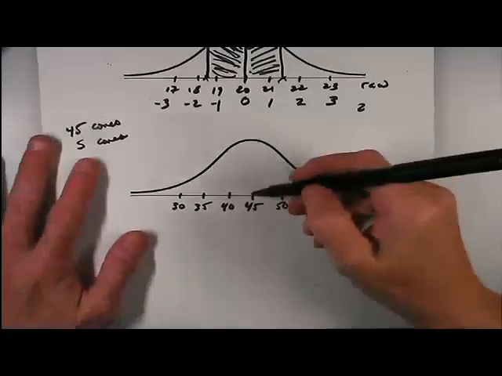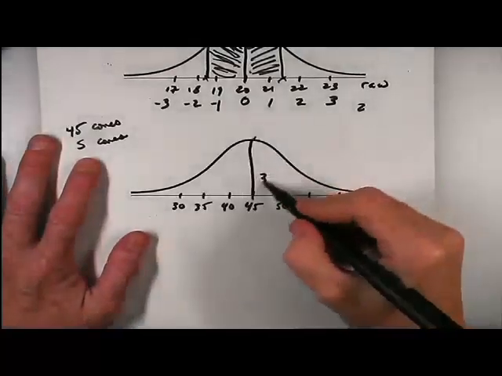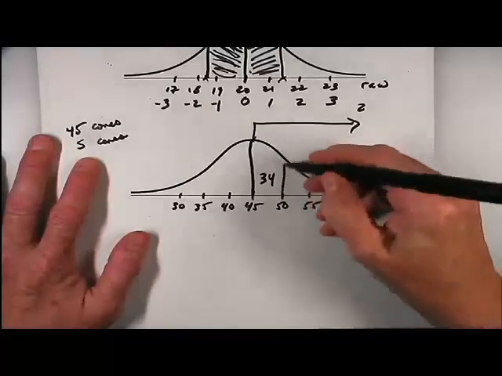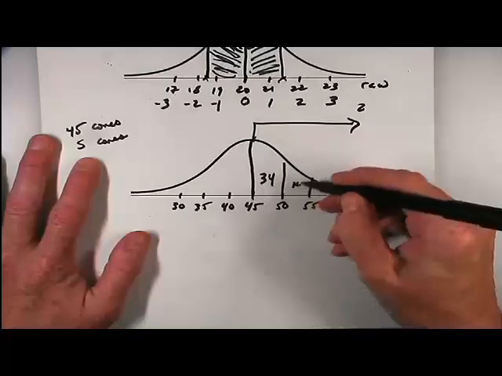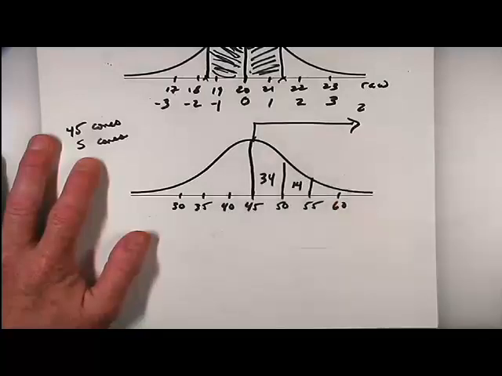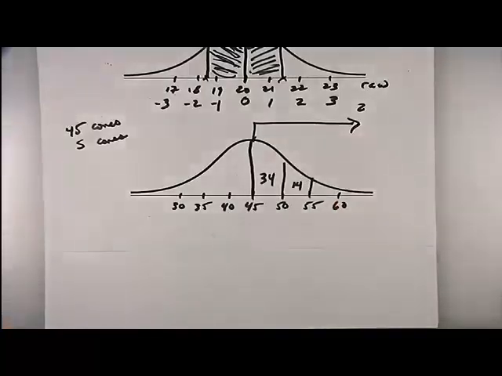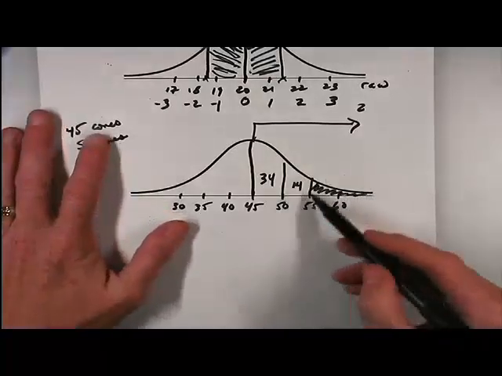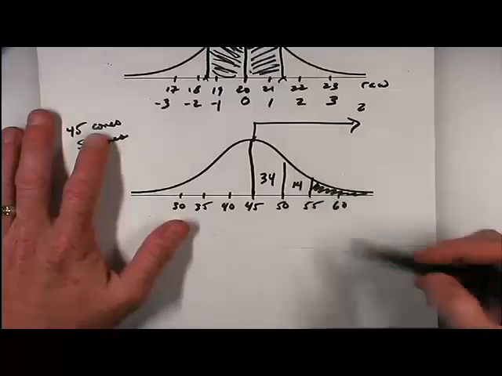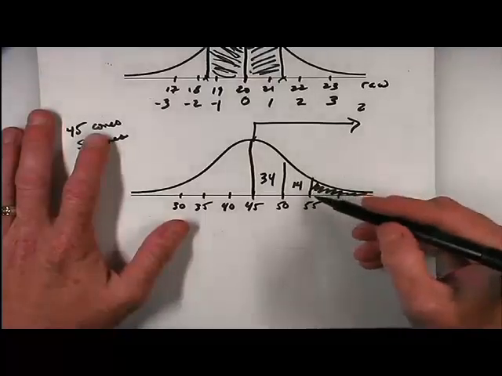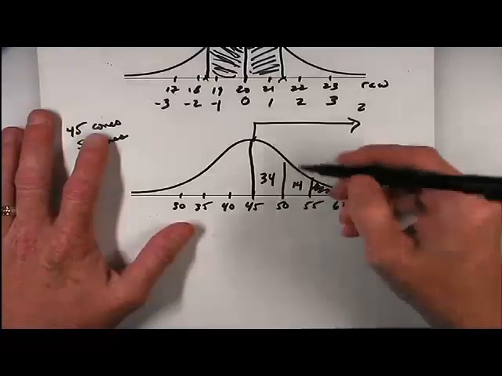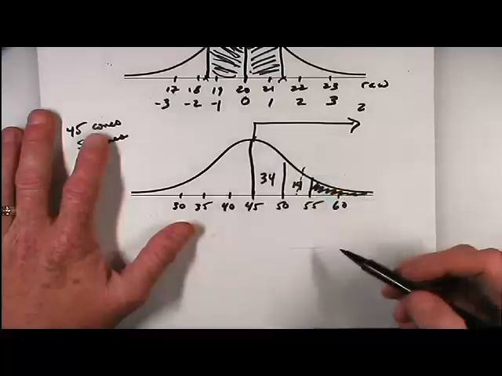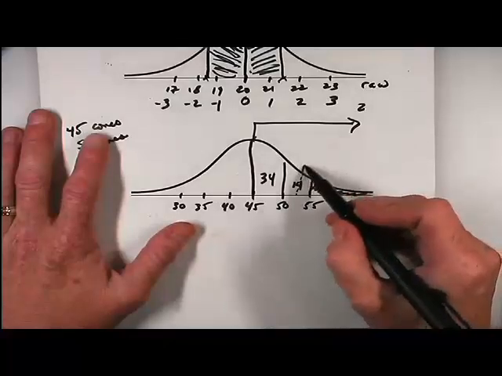Well, this is 34, so this whole thing is 50. So it can't be that. And this is 14, and this is 2. So, well, it's more than 2. And then I've got to cut out some of this to make it 10. So here's 2. So how much more do I need? 8. So somewhere around here would be my top 10%.